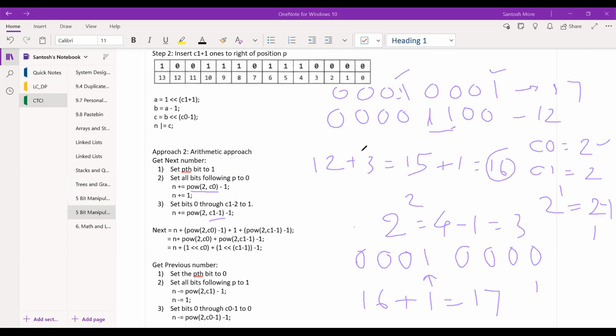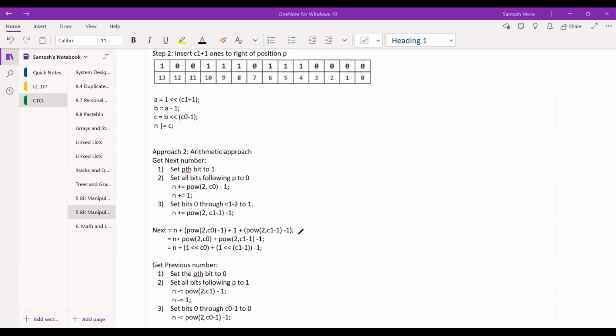Now if we simplify this, this is the way it is done here. To find the next higher number, you take the original number n plus 2 raised to C0, then subtract 1, and then add 1.